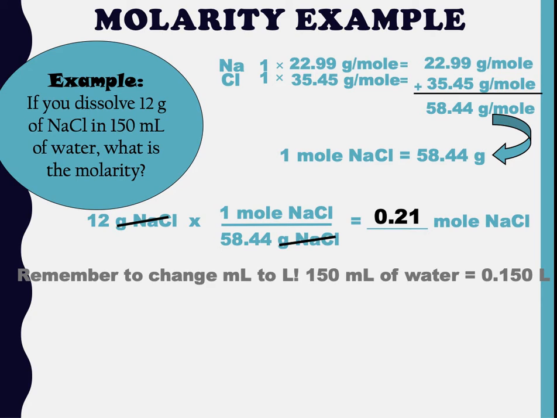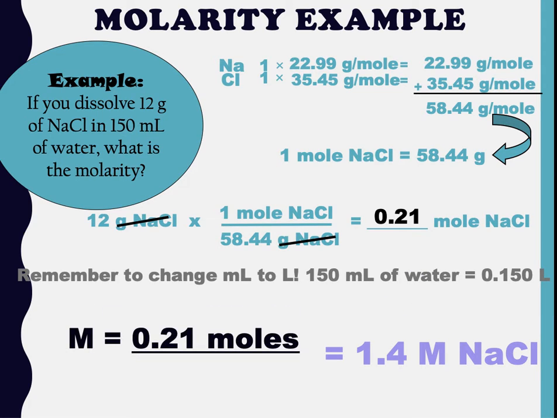Well, 150 milliliters is just 0.15 liters, because there are 1,000 milliliters in 1 liter. So we just divide by 1,000, or move the decimal point 3 times to the left to get our liters. Once we have our liters, we can plug it into the problem. 0.21 divided by 0.15 gives us a concentration of 1.4.